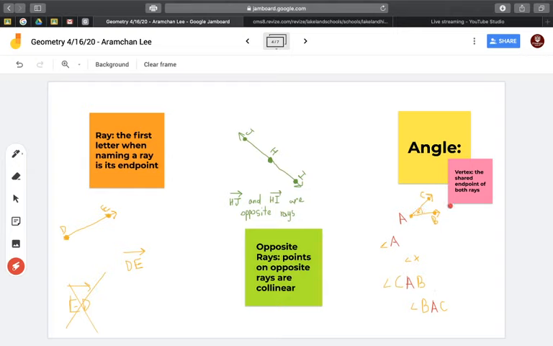So an angle can be written in many different ways. For this figure specifically, it can be written as just angle A, or angle X, or angle CAB, with the vertex in the middle, or angle BAC, again with the vertex in the middle.